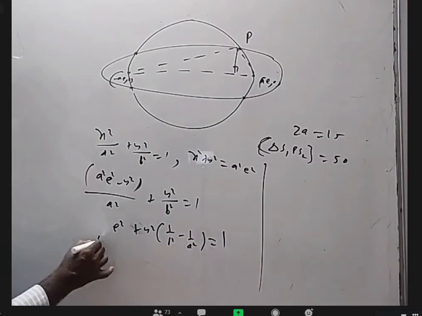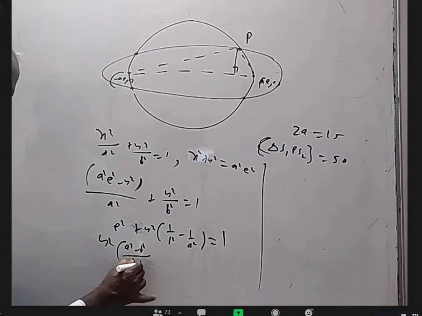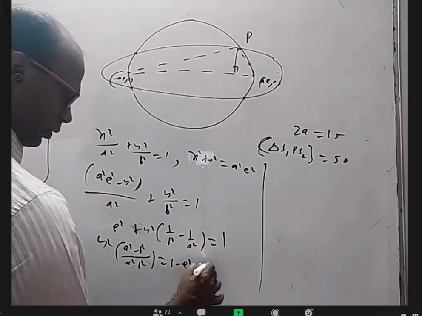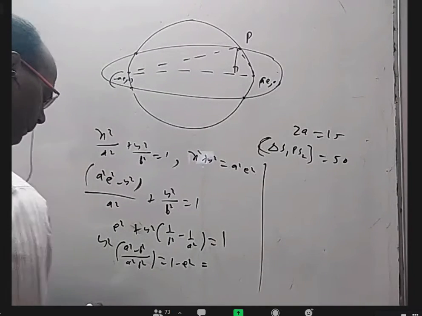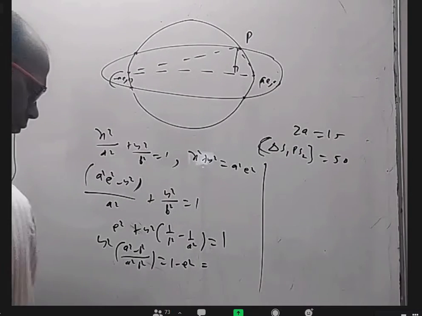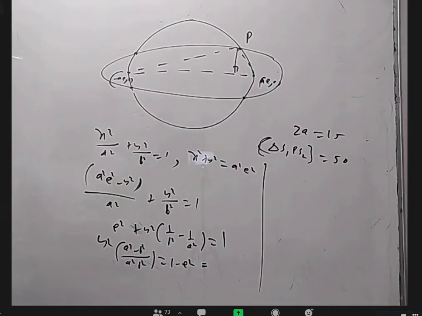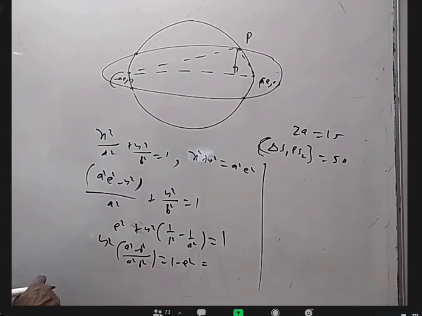Send this on that side, this is a square minus b square by a square, and b square is a square times 1 minus e square. In place of x square, I wrote a square e square minus y square. This y square is separate, this y square is separate, equal to 1.